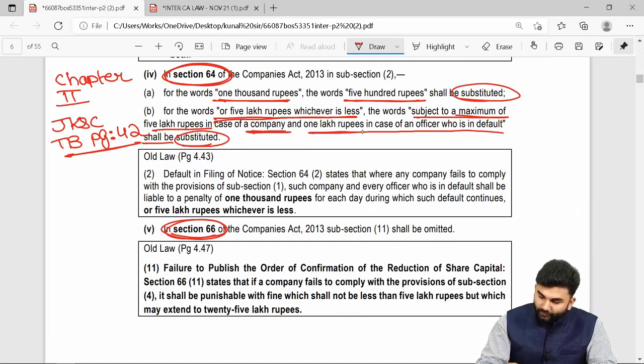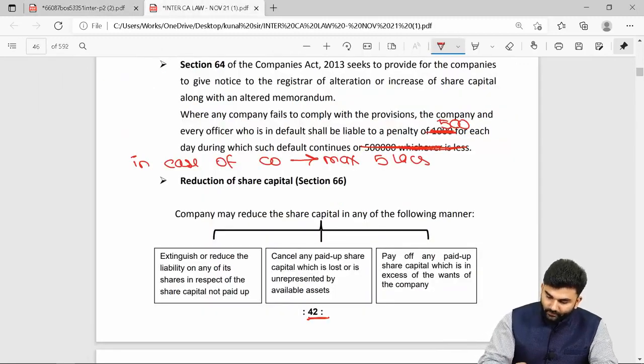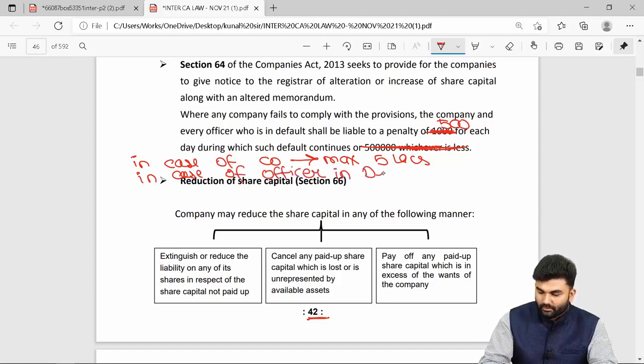Whereas in case of an officer in default, the maximum penalty is 1 lakh rupees.